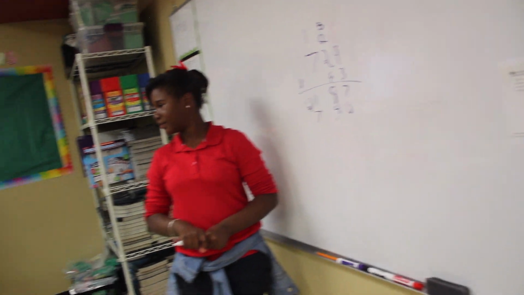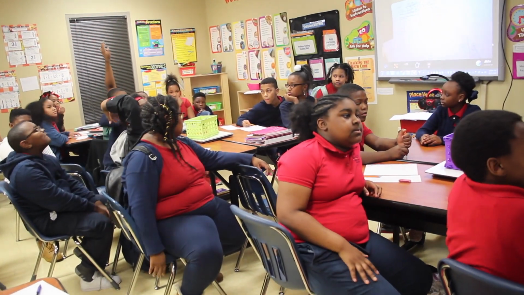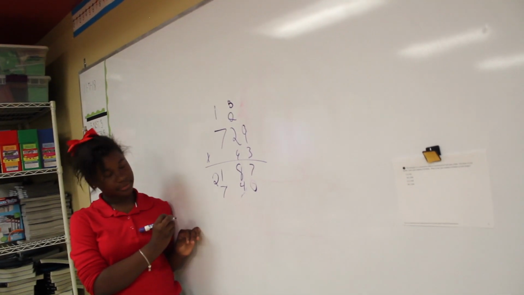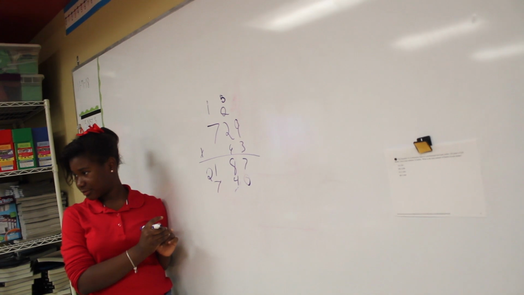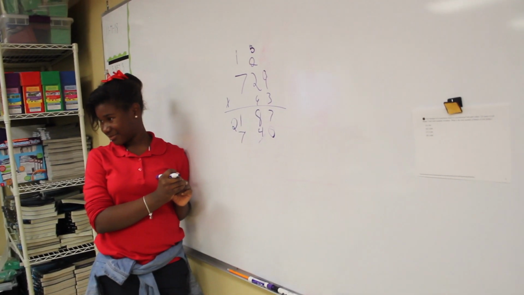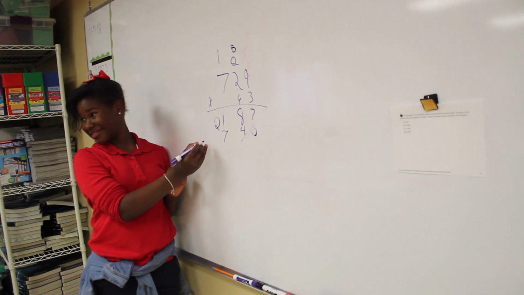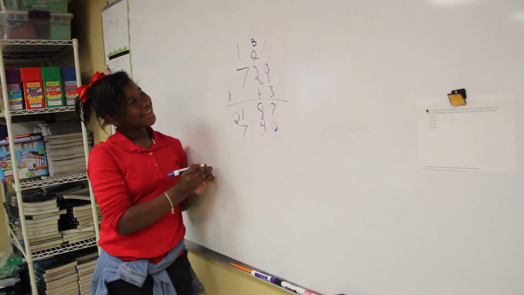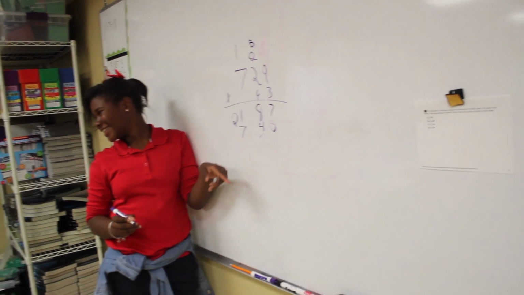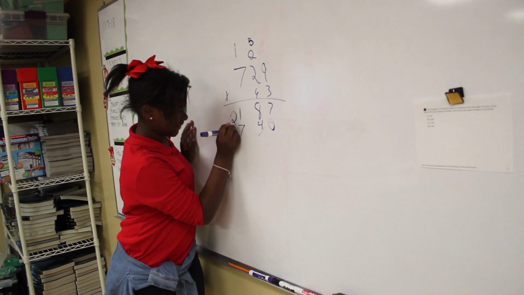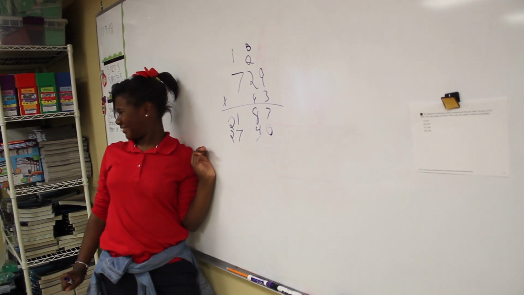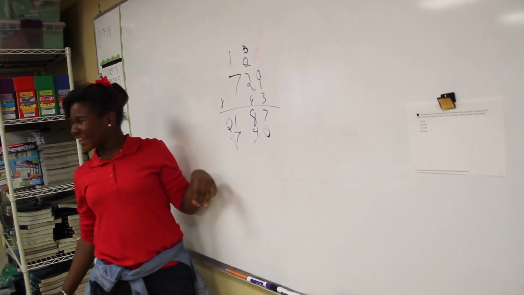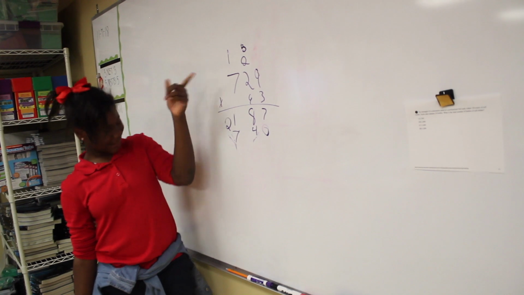I'm going to help them. 6 times 7 is 42. What do you put for the 4? Put your 4 under the 2, beside the 2. No, it's 43 because you have to add your 1. It's 43. Thank you.